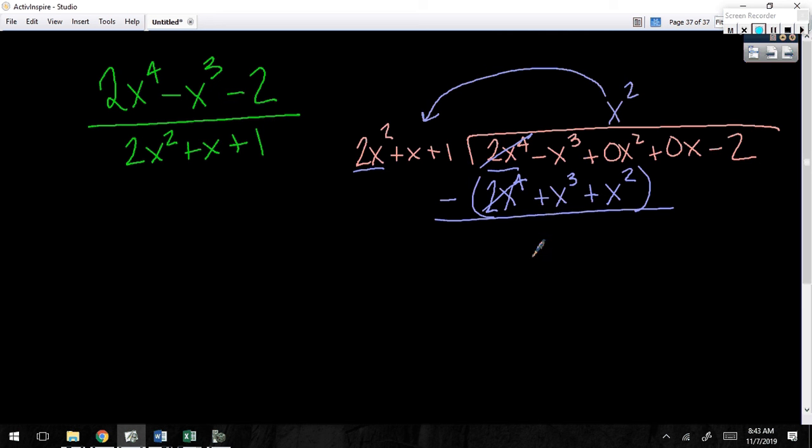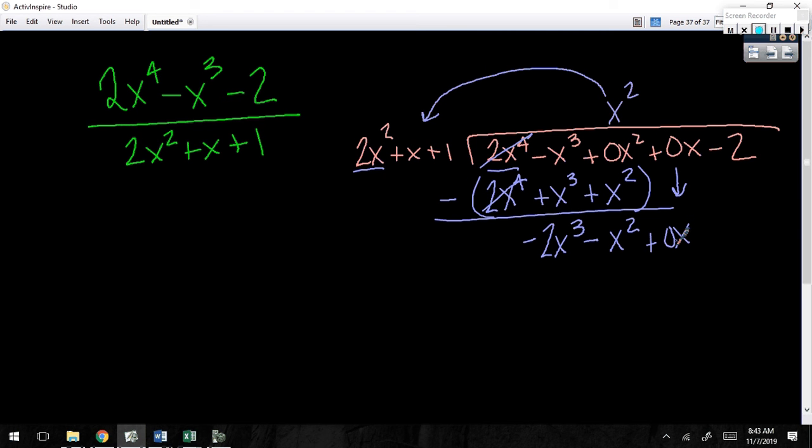Negative 2x cubed. 0x squared minus x squared would be negative x squared. If it helps you to change all the signs, change all the signs. All right, bring down your next term and start all over again.